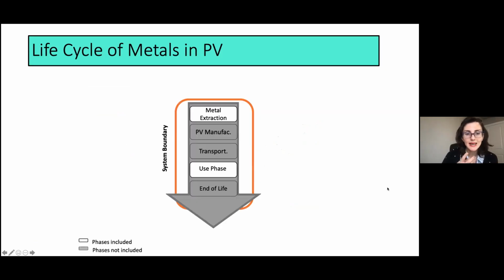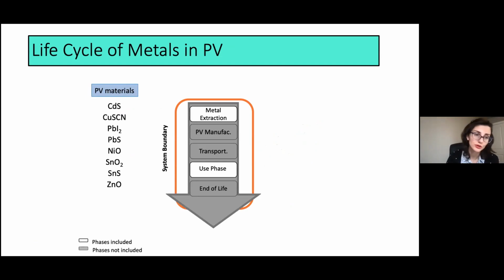So in this case, from the scope of the study, we wanted to compare metal extraction and use phase related toxic impact. So that would give us a better idea to understand how important the use phase is for solar materials.